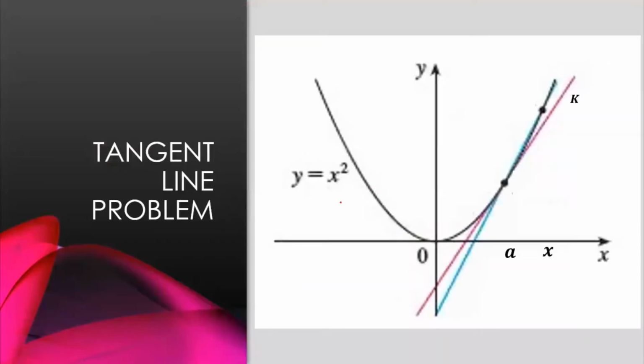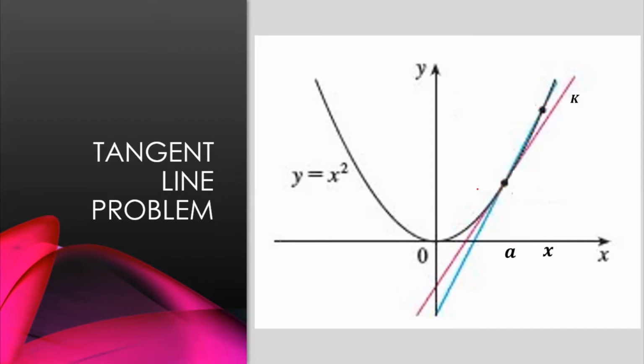For example, y is equal to x squared, where the graph of y is equal to x squared is a parabola opening upward. Then suppose we have 2 points in the curve, let's say this point and this point. Suppose the x value is equal to a, and this x value here is just x.